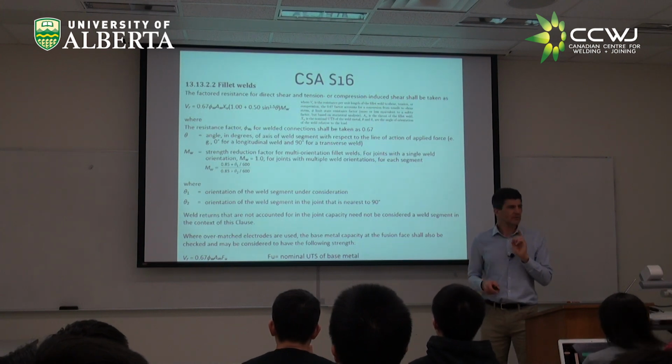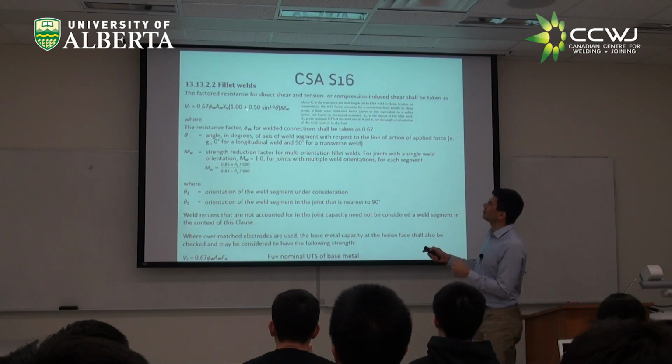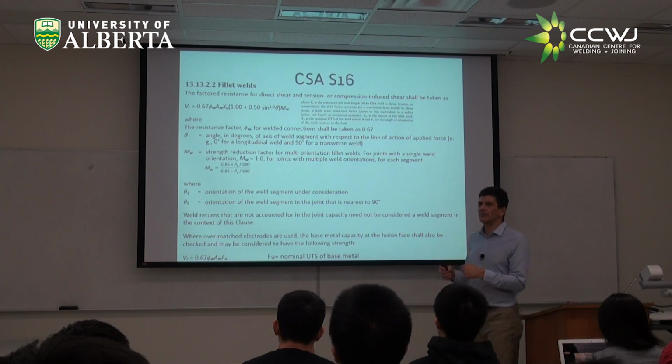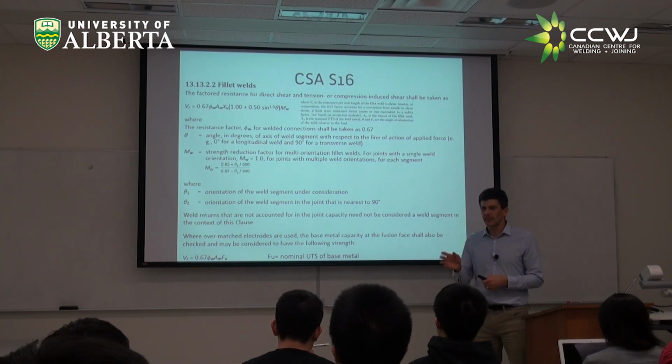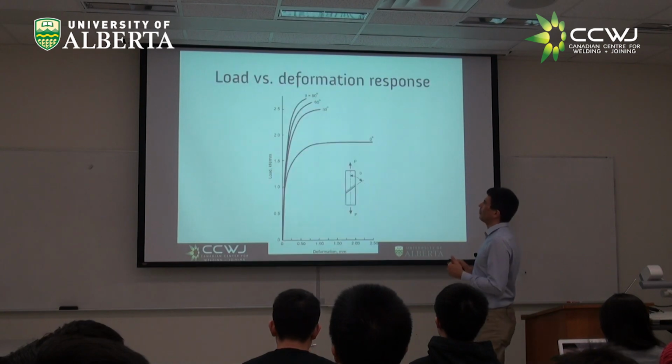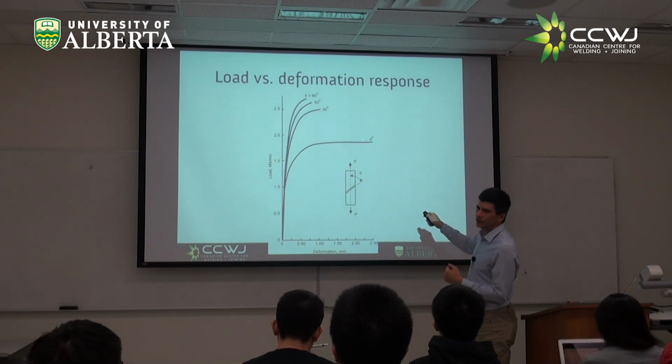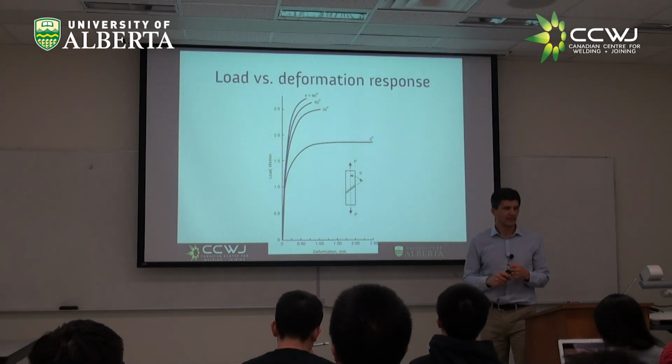So this is a cool thing. This 1 plus 0.5 sine of something is giving you a 50% credit for a transverse weld. What this says is that this value here is 50% more than this value here.